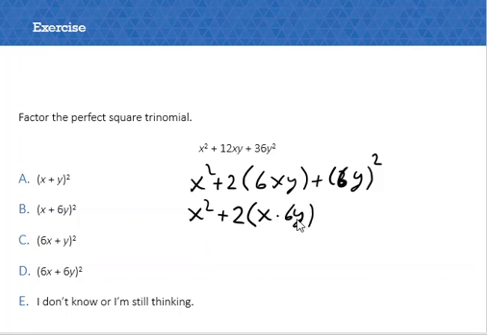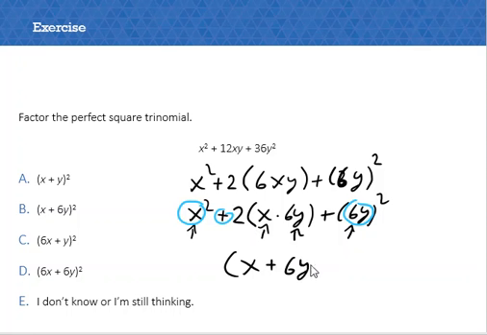So that's the same as 6xy plus 6y squared. So you see 6y here, x, and that means that it's a perfect square. We take x, we take plus, and 6y. So our answer would be x plus 6y squared, which is B.